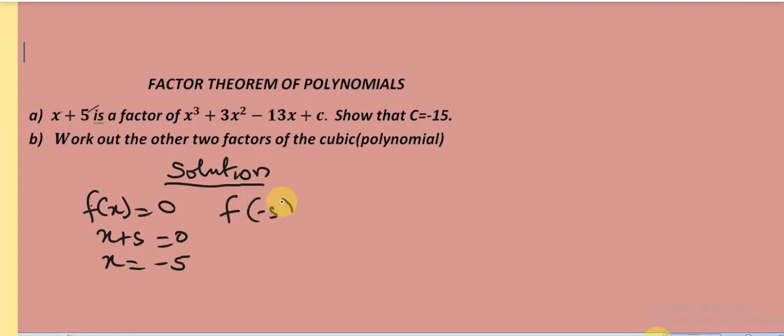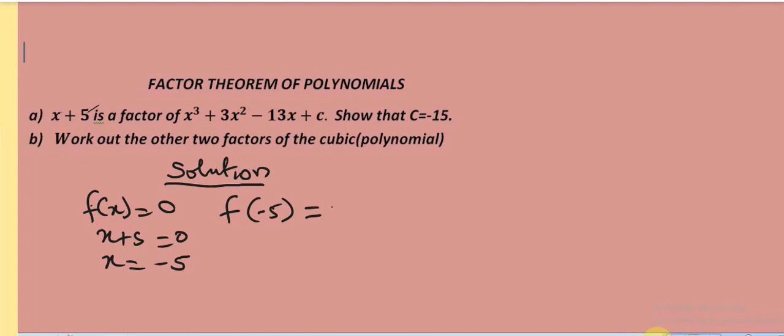Now, since x is minus 5 from this factor, f of minus 5 is going to be equal to 0, because we know the function of x is 0. So anywhere I see x in this polynomial expression, I'm going to substitute with minus 5.